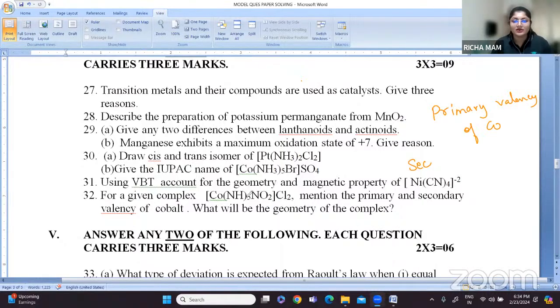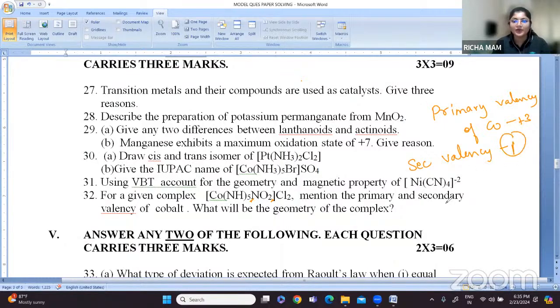So here the primary valency of cobalt will be +3, and the secondary valency of cobalt is 5 plus 1, it is 6. It will tell you the coordination number.